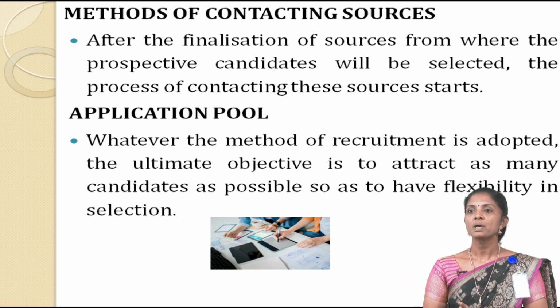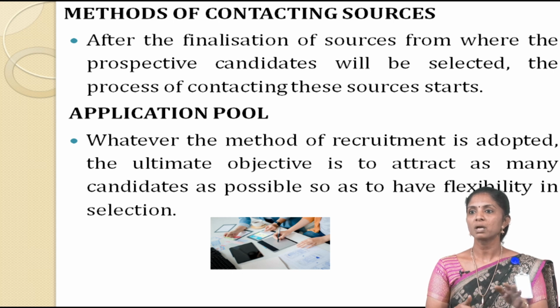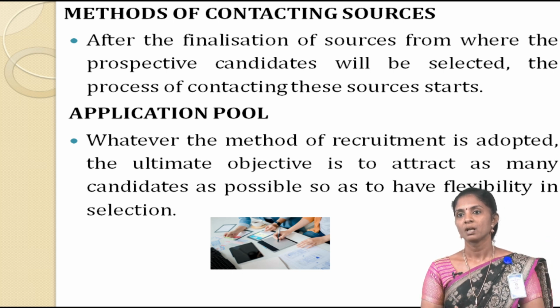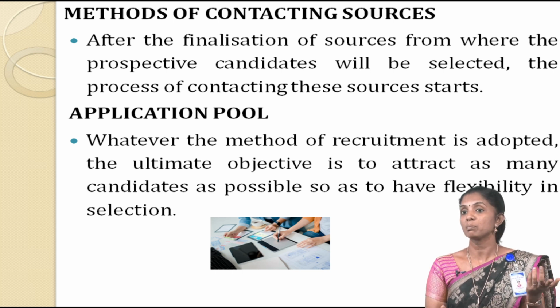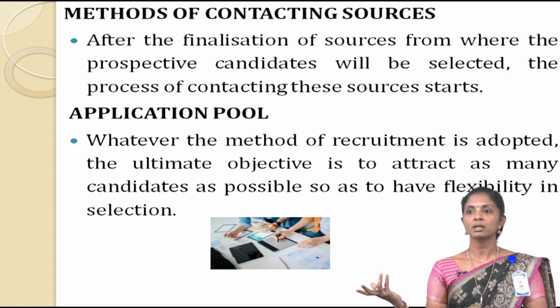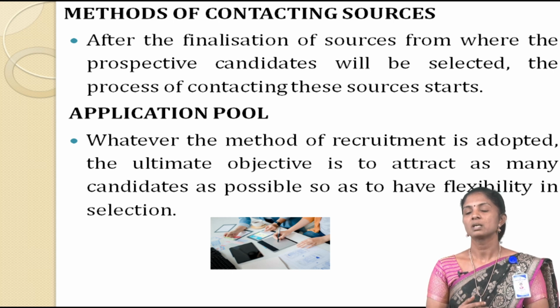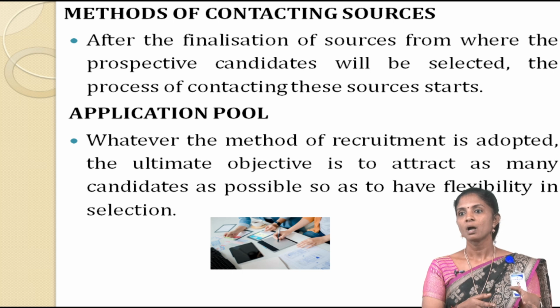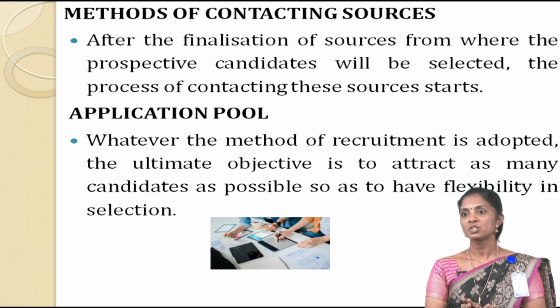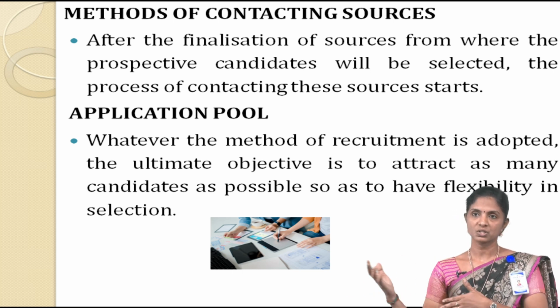Similarly, the number of applications depends on the image of the organization. An organization having a better image is able to attract more applications. The various applications received for a particular job are pooled together, which becomes the base for the selection process.